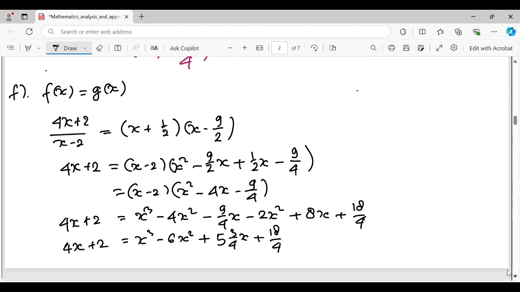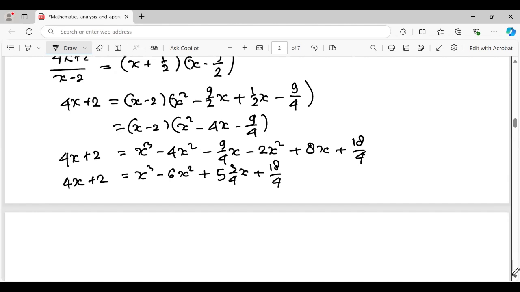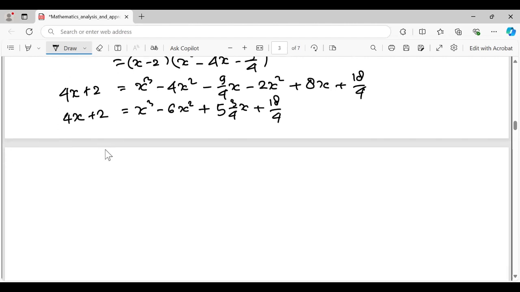Next, I need more space. So if you continue to expand this, you can find an equation like this: 4x cubed minus 24x squared plus 23x minus 16... plus 10 equals 0.